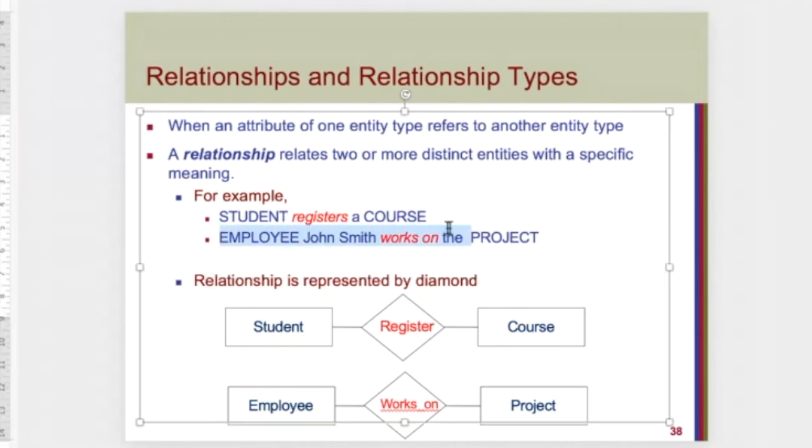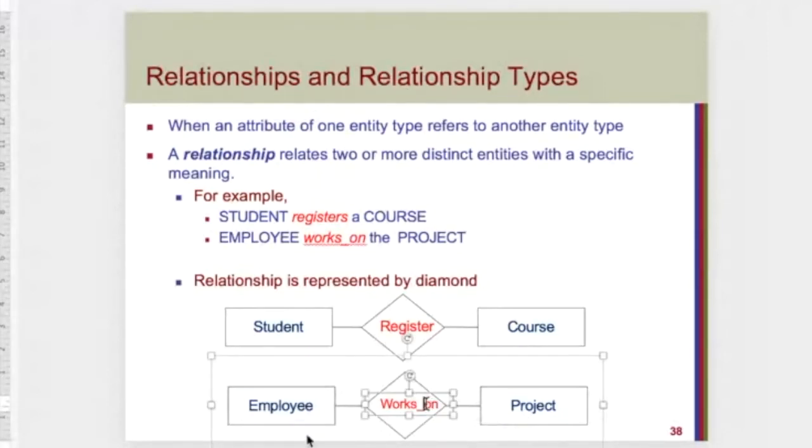Similarly, a second relationship: an employee works on a project. Employee is an entity, project is an entity. They are related together with works on, so the name of the relationship is works on.